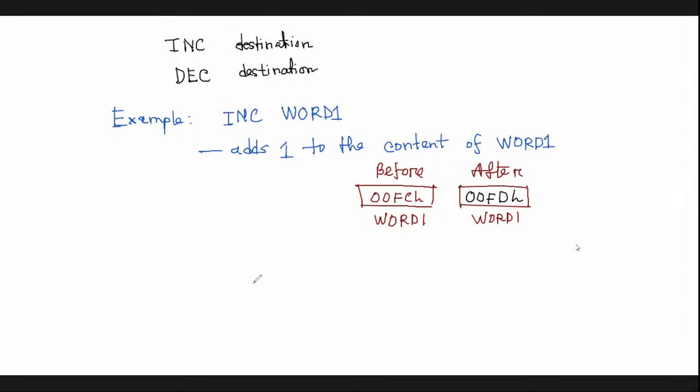Good. Now decrement. Talk about decrement. Decrement, what can we write? Decrement byte 1. Subtract 1 from variable byte 1.